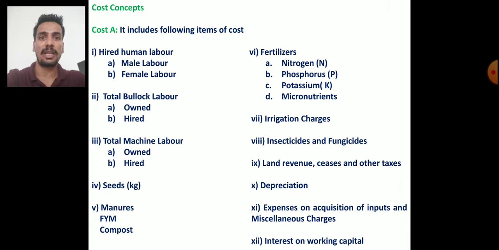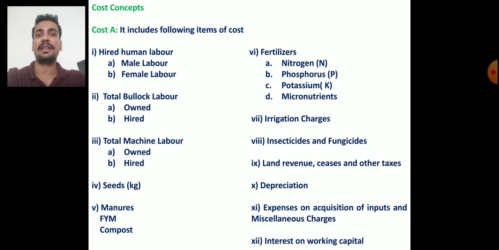So what is working capital? The working capital is the capital which changes according to time. Working capital includes hired human labor, total bullock labor, total machine labor, seeds, manures, fertilizer, irrigation charges, insecticide, land revenue, depreciation and acquisition.